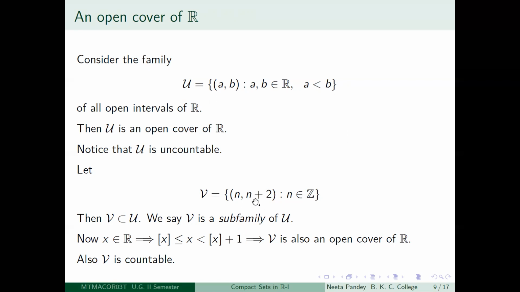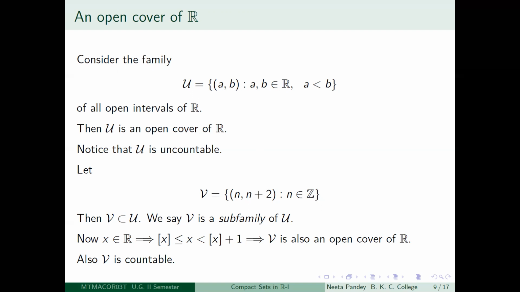So it is an interval of this type, and it contains x. So if you look at only these open intervals, then that is also covering the real line. You have extracted this new family from the original one, which consisted of all open intervals of R. From there, you are looking at some specific open intervals, and you are saying that they are also able to cover R.